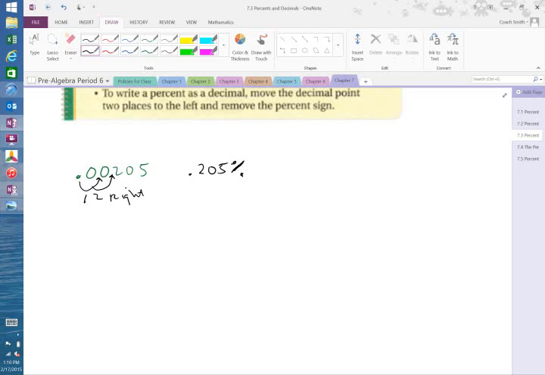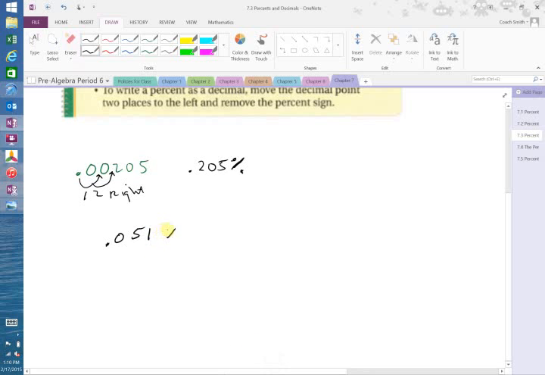Now, if you're changing a percent to a decimal, for example, if we had 0.051% and you're changing it to a decimal, well, it's not a decimal.